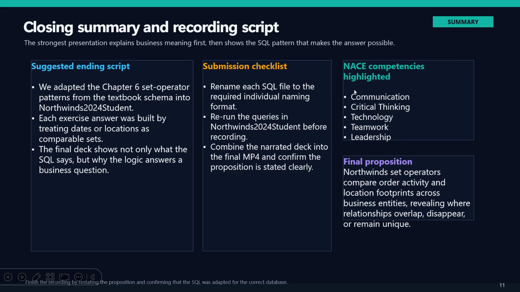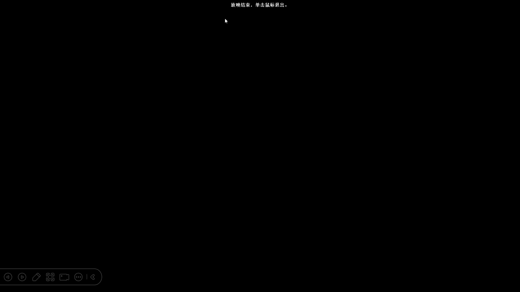Competencies: communication, critical thinking, technical knowledge, teamwork, leadership. Final proposition: set operators compare order activity and location footprints across business entities, revealing where relationships overlap, disappear or remain unique. Finish.